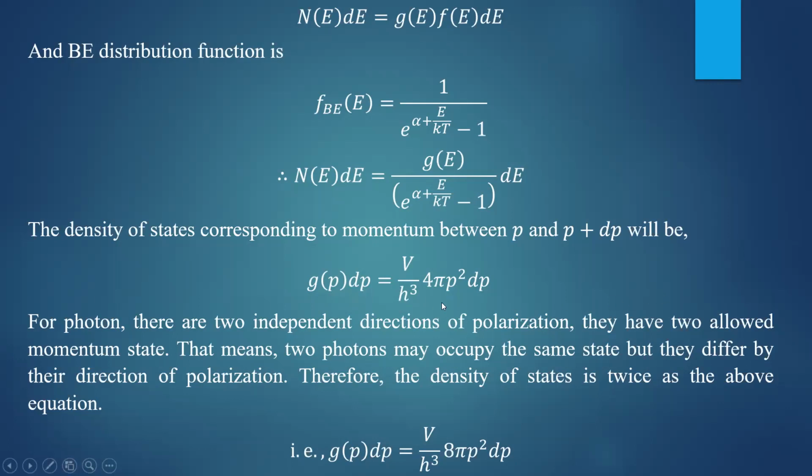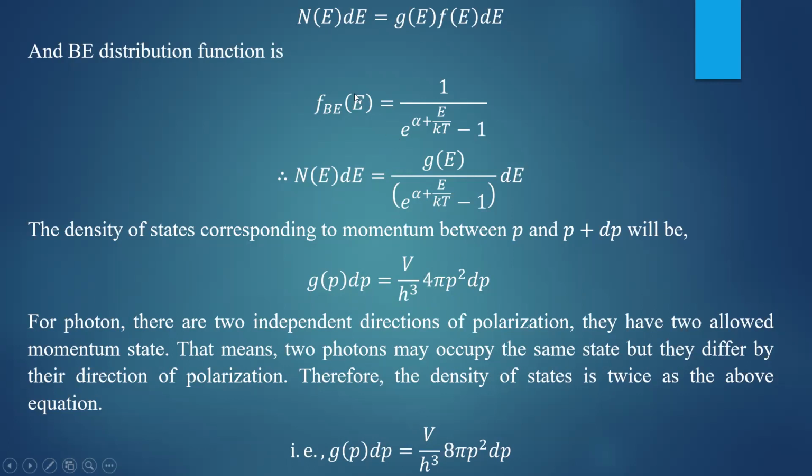In each state, two photons can be accommodated. Therefore, the actual number of available states g(p) dp is equal to V by h cube into 8 pi p square into dp. So you have to multiply it by 2, that's all.